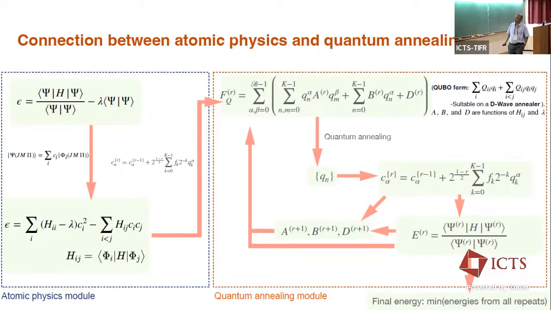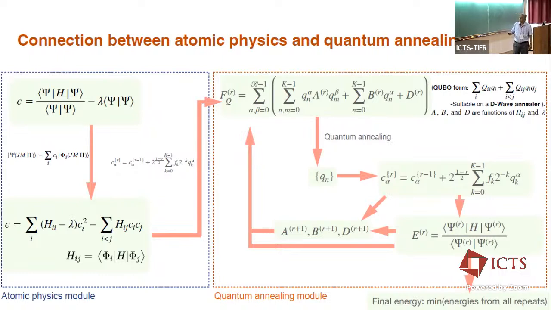So what we do is that we do the annealing many, many times. This R here corresponds to an iteration or repeat, and that in our case corresponds to 1,000 anneals.